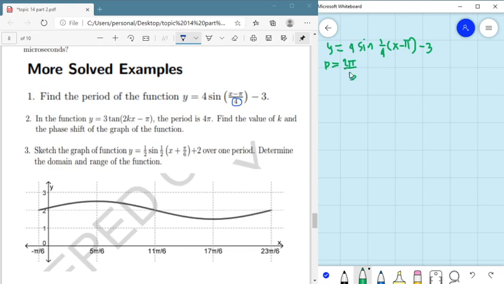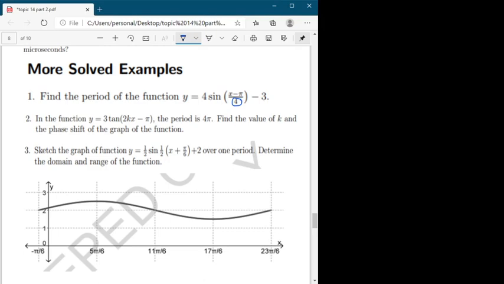Since our b is 1/4, we replace the b with 1/4, therefore 2 pi over 1/4 is equal to 2 pi times 4 over 1, the reciprocal of the denominator. So that is why we have 8 pi. The answer is 8 pi.